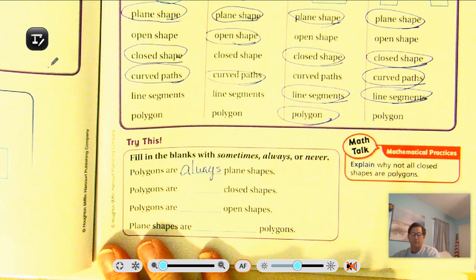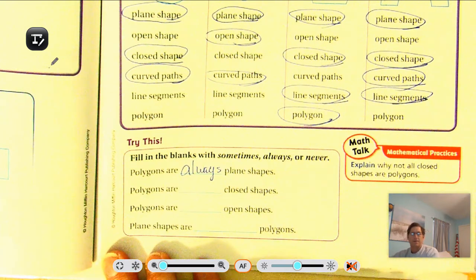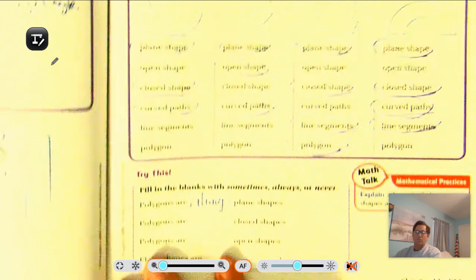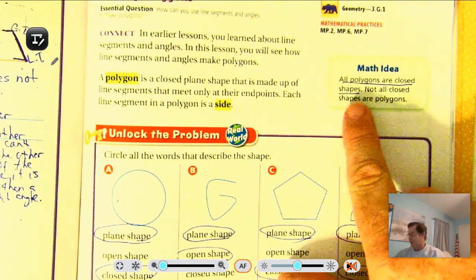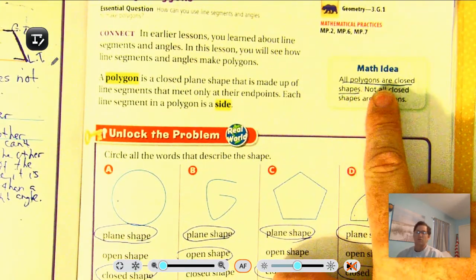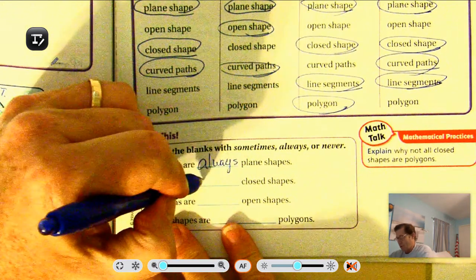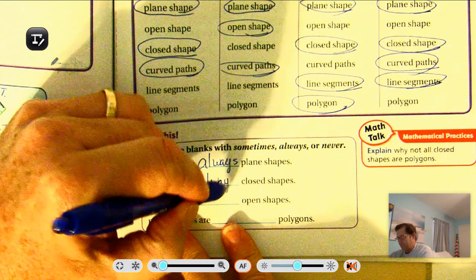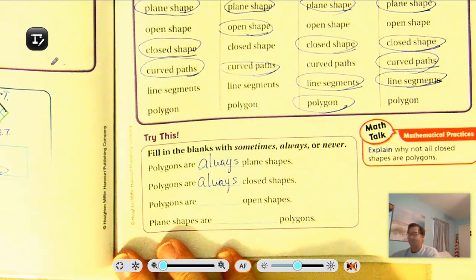So if a polygon is a two-dimensional shape, it has to be a plane shape. Polygons are blank closed shapes. Well, we identified that up at the top, right? All polygons are closed shapes. So polygons are always closed shapes.